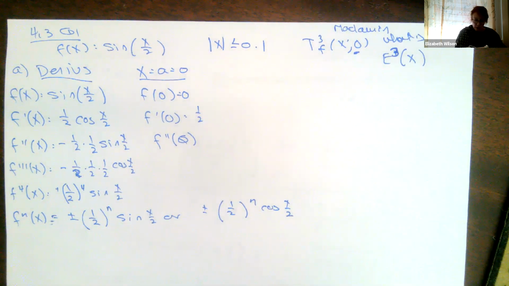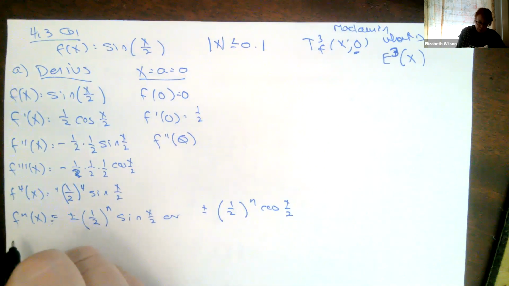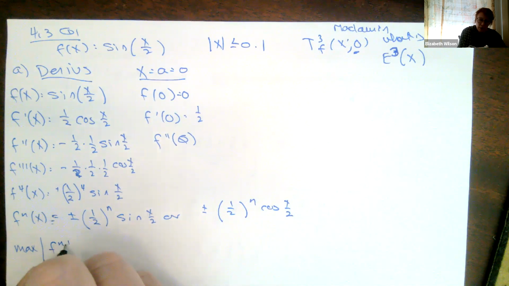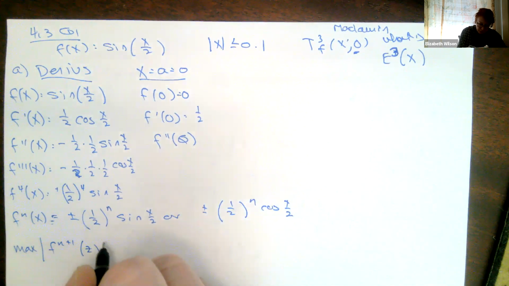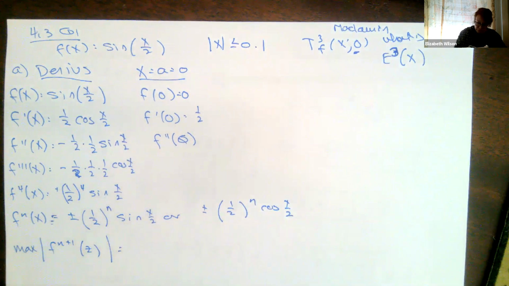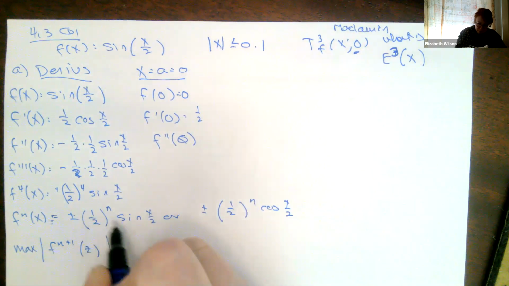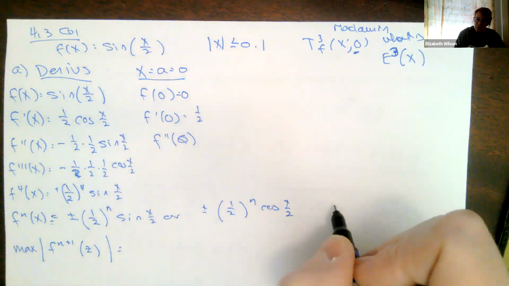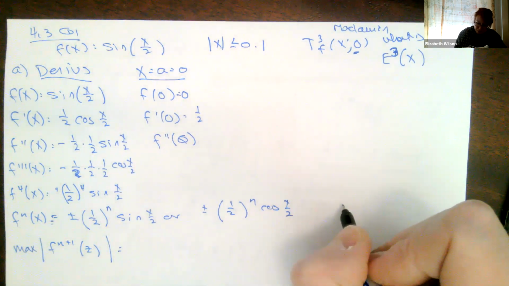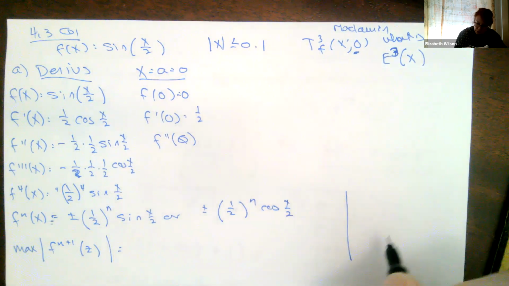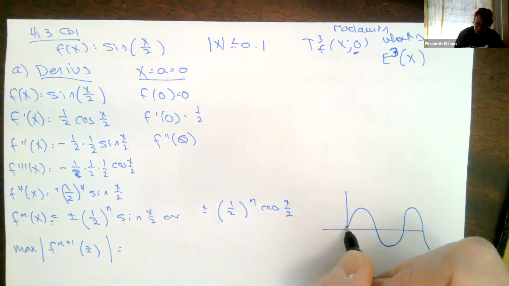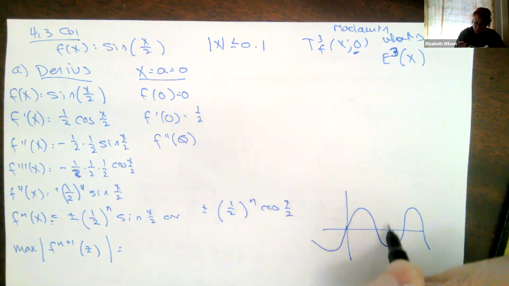Okay. So now I need to be thinking about my max absolute value of f n plus 1 of z and what that's going to be. My n plus first derivative is going to be 1/2 to the n plus 1. But let's take a look first at our sine and cosine. My sine function looks like this. Well, I'm not drawing it very well. My cosine function is the same thing, just shifted.